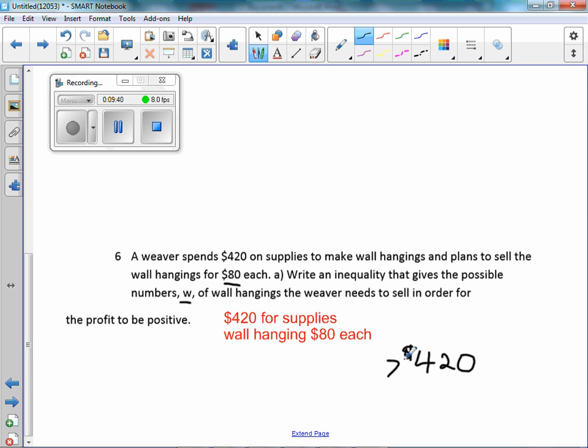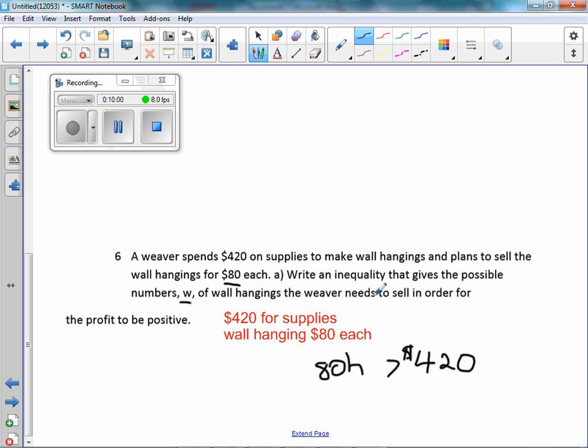So whatever's over here has got to be bigger than $420 because you want to make a profit. Okay? So how much are each of the wall hangings? They're $80 each. So I'm going to put 80H.